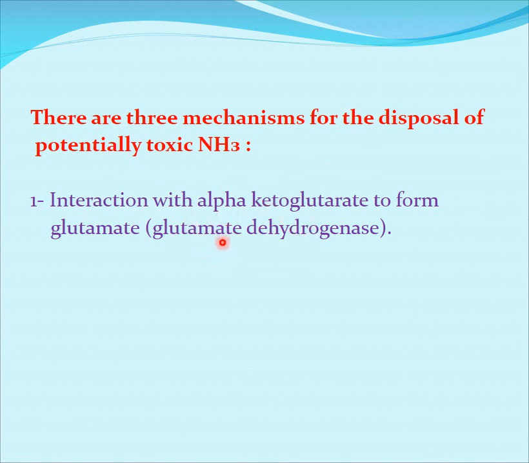It is not logical to say that glutamate dehydrogenase performs oxidative deamination, which produces ammonia, and then the same enzyme combines it with alpha-ketoglutarate to form glutamate again. So the ammonia produced from other sources, such as amino acid oxidase or non-oxidative deamination, can be combined with alpha-ketoglutarate to form glutamate.